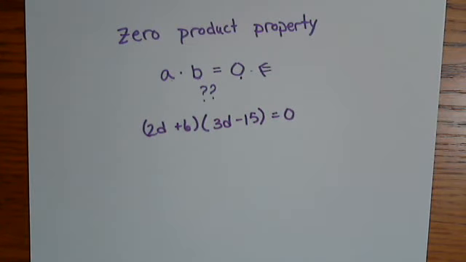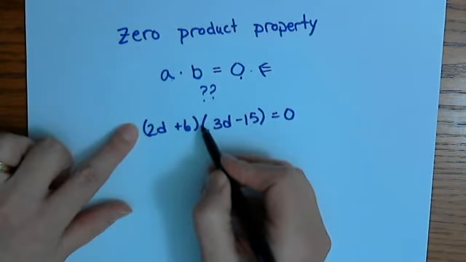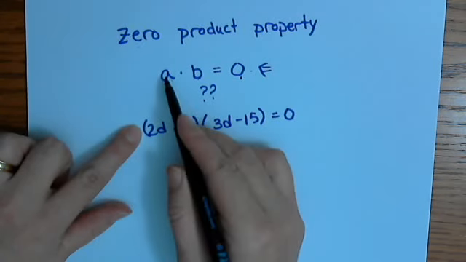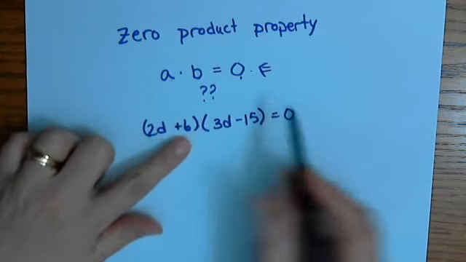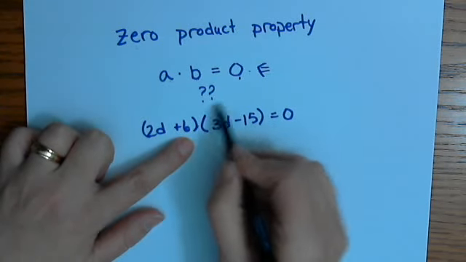Right? Okay, fine. What does that mean? Who cares? Well, I could say that this whole thing, 2D plus 6, is just any number, like A. Or I could say that 3D minus 15, because this whole thing in parentheses has to be treated like one number.